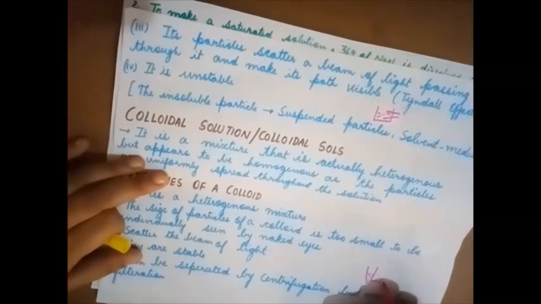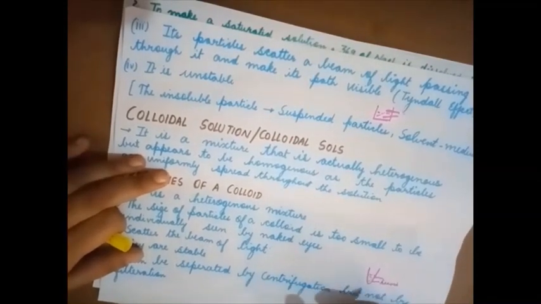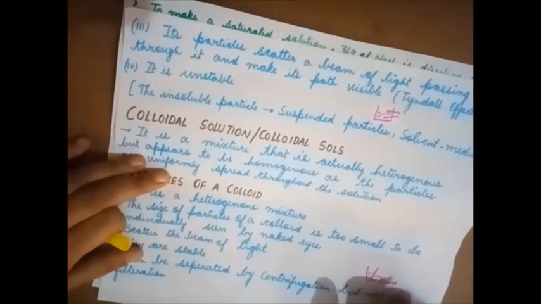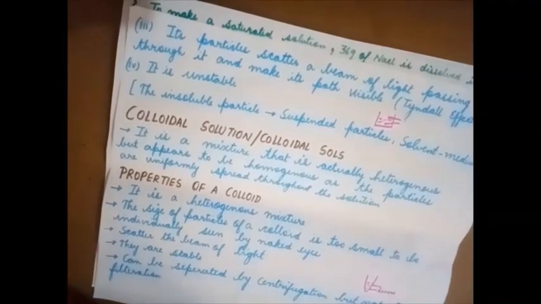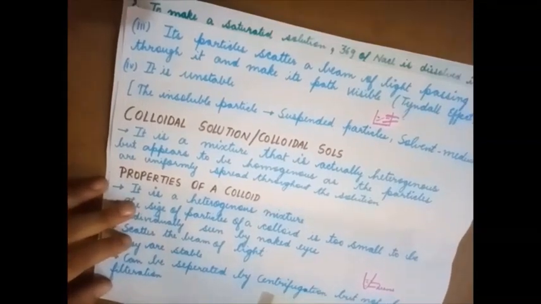I mean to say, heavier particles will settle down, the lighter particles will settle above. So based on the densities the particles get separated, and this is the centrifugation technique.